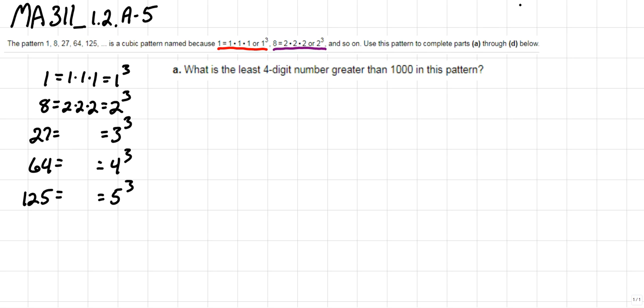So the first part of the question states, what is the least 4-digit number greater than 1,000 in this pattern? Well, since we're taking the counting numbers, the natural numbers 1, 2, 3, 4, 5, and so on, and cubing them, we should start with 6 cubed and determine what that is equal to.